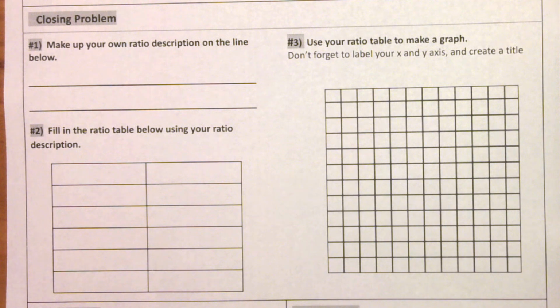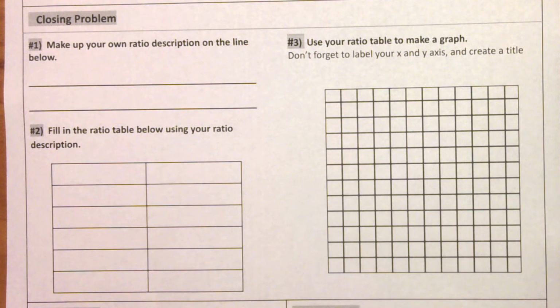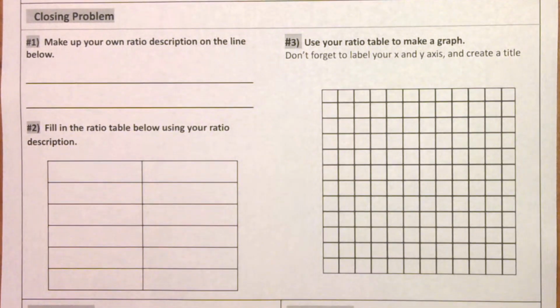After you come up with your own, create a ratio table that goes with your description. And then you're going to make a graph. I'm going to challenge you to try to figure out what to count by with your numbers on the X and the Y. And once again, look at examples we've already done today to help you. Go ahead and complete the closing problem, then come back to the video.